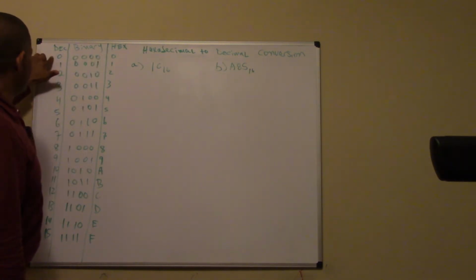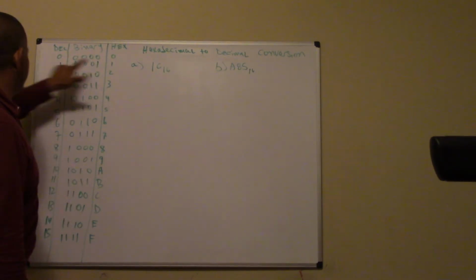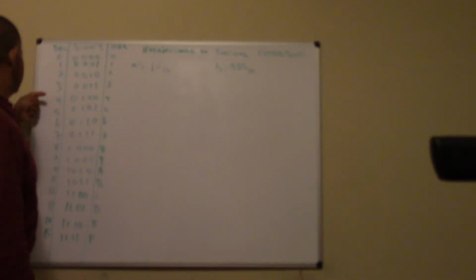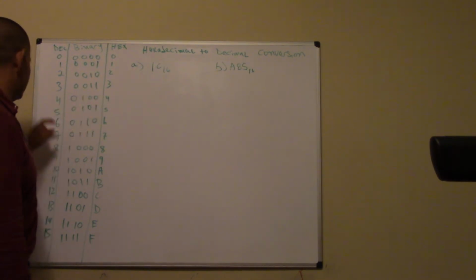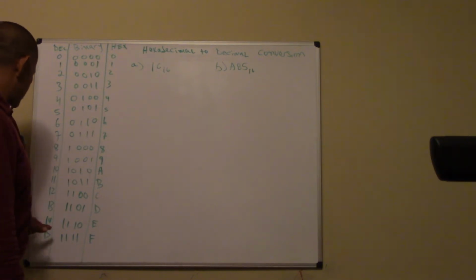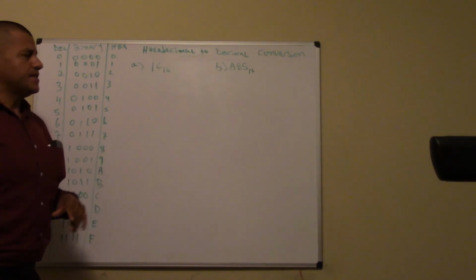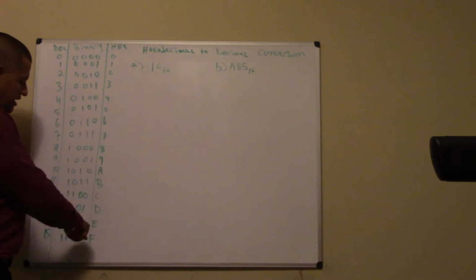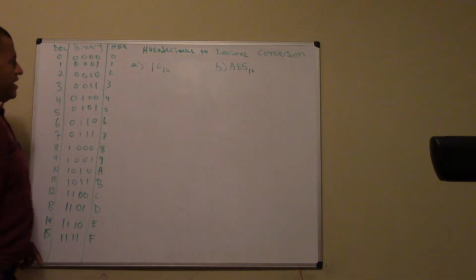So 0 corresponds to 0 on hex, 1 to 1, 2 to 2, 3 to 3, and 4 in decimal corresponds to 4 in hexadecimal, 5 and 5, and so forth, all the way down. Now, the only thing that is different is after 10 we start using letters, all the way to 15, which is represented by F.